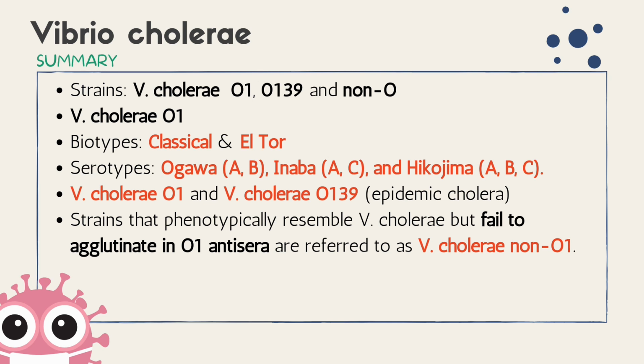Here is the summary for Vibrio cholerae. It has strains of O1, O139, and the non-O. Among the three, O1 and O139 are the causative agents of pandemic cholera.